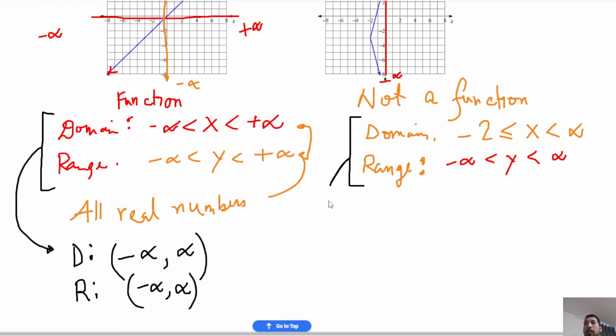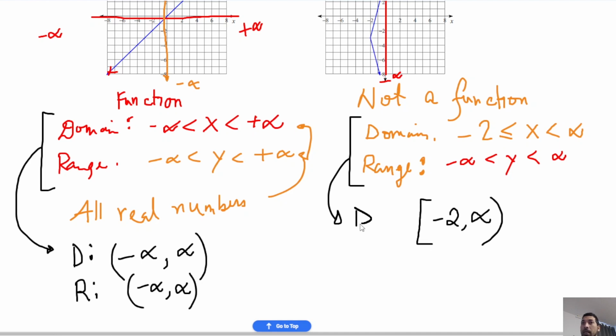Now let's look at right here. For this one, we see that the lowest value is starting from -2, comma, the highest value is positive infinity. Now this positive infinity is not included, so we put parentheses, but this -2 is included because we have an equal sign, so we put a bracket.